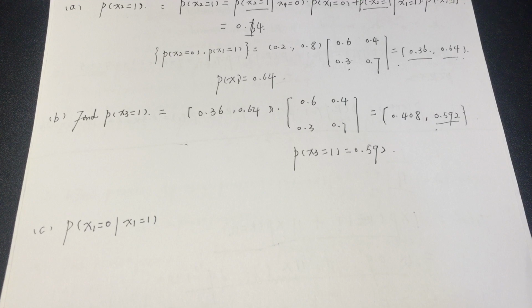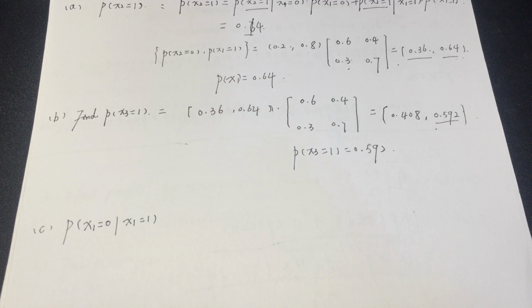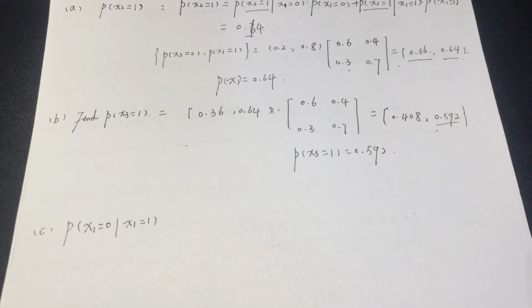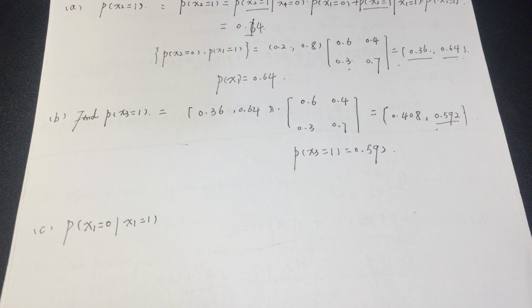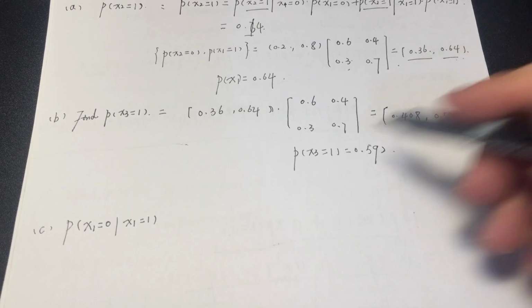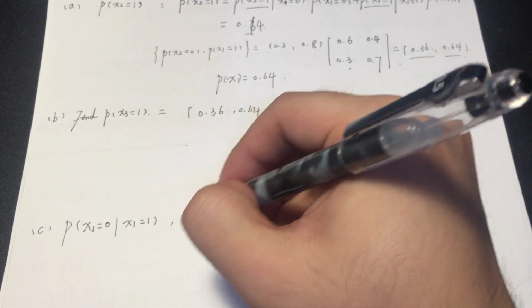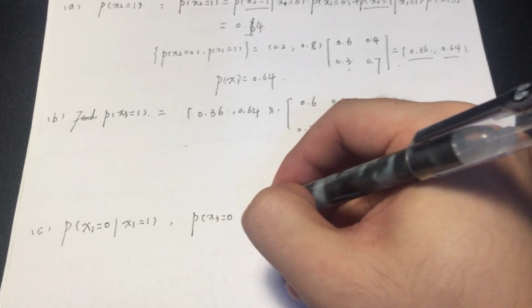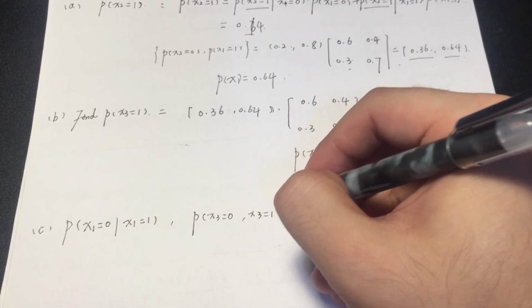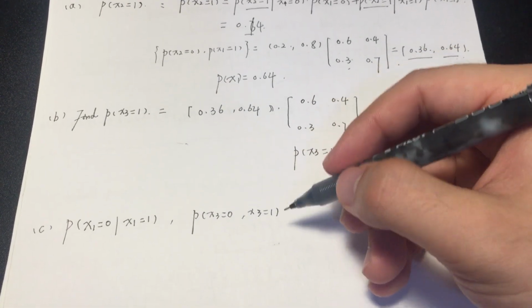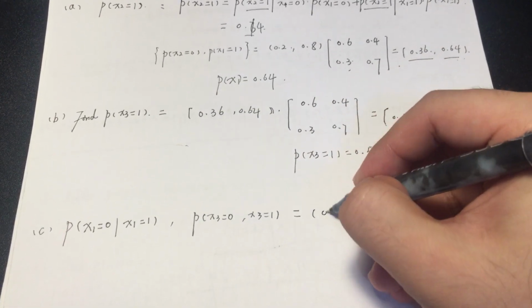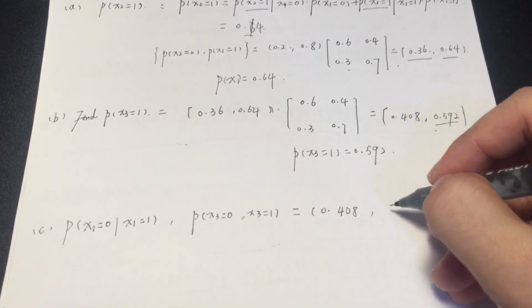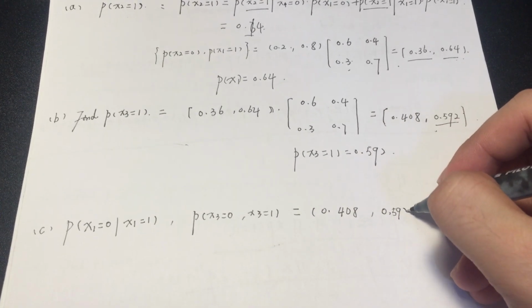This question is somehow harder than the previous ones, so it's a good question. Firstly, we need the probability of x3 equals 1, which is the result we have already calculated in question 2.